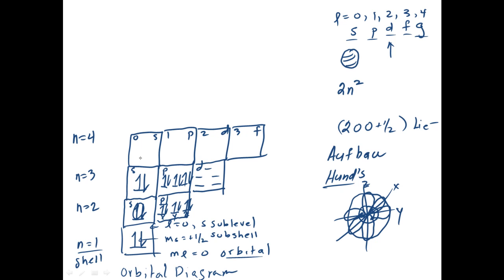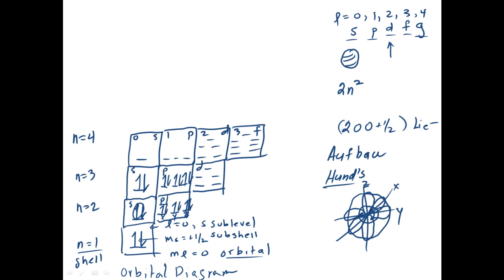And then the number of orbitals: 1 in the S, 3 in the P, 5 in the D, and then the F, remember, it's L equals 3, so ML equals -3, -2, -1, 0, 1, 2, 3. So there are 7 orbitals in the F sublevel, all right?